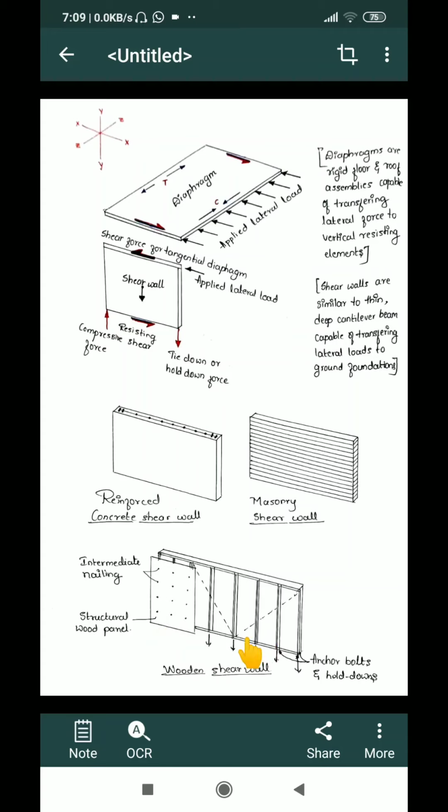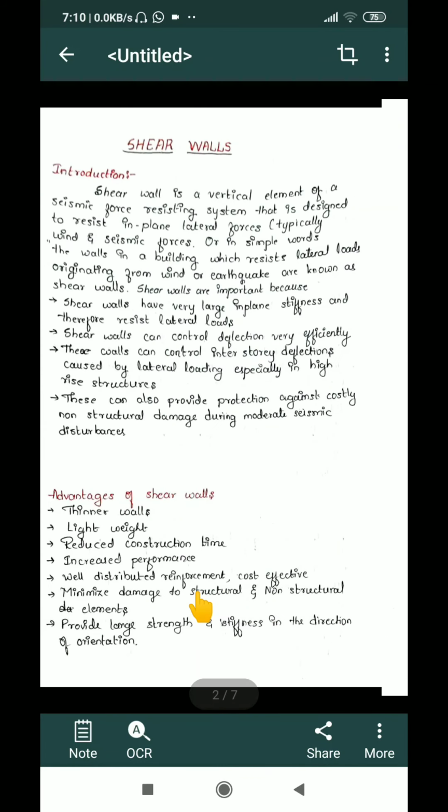So this is how wooden shear walls look. But most of the time we prefer a reinforced concrete shear wall or a structural steel shear wall. Masonry shear walls and wooden shear walls are very rare in use.